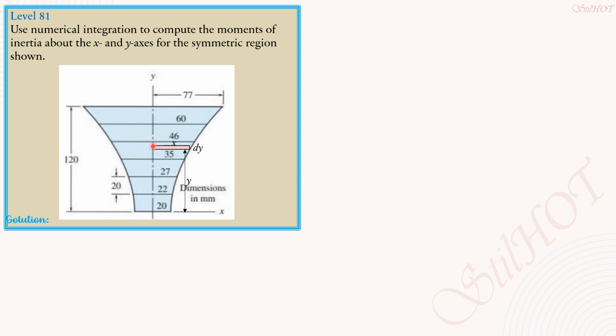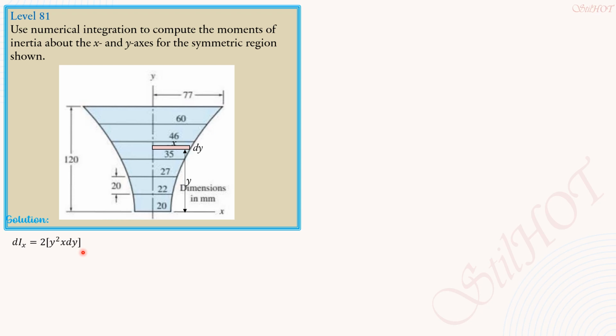Take note, it is symmetric with respect to this y-axis here, so we have a similar strip here, so we double that value. So differential Ix is distance square y square times differential area x dy. So 2 times, because of the other strip here, 2 times distance square y square and differential area, which is x dy.